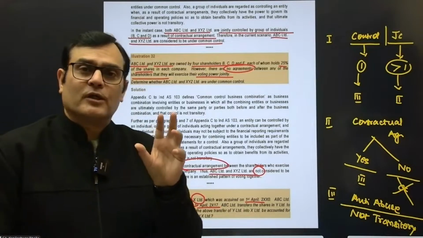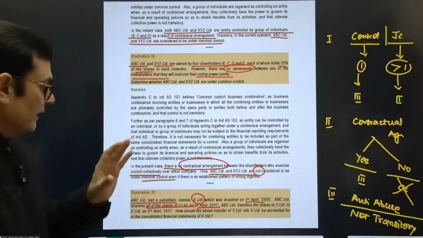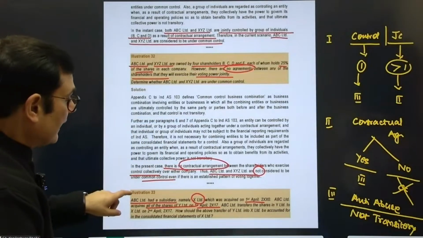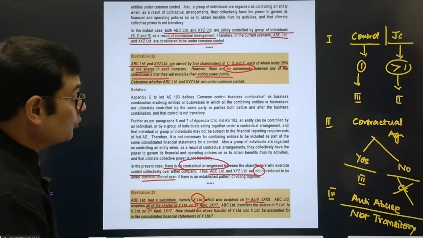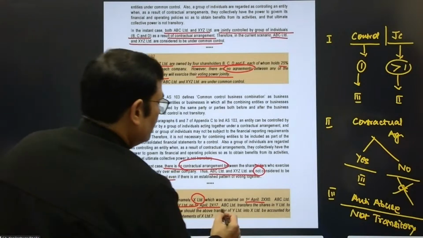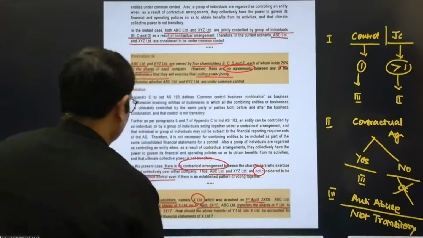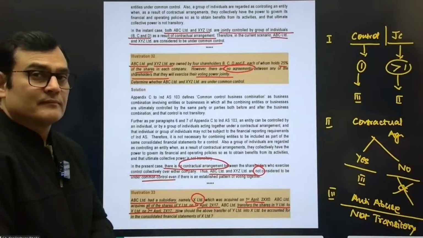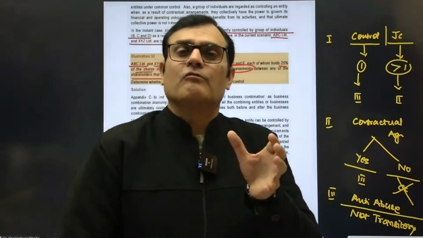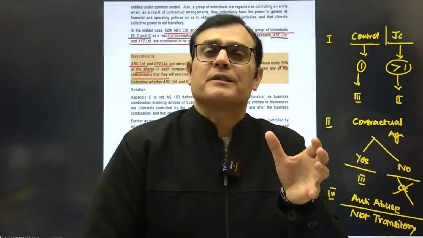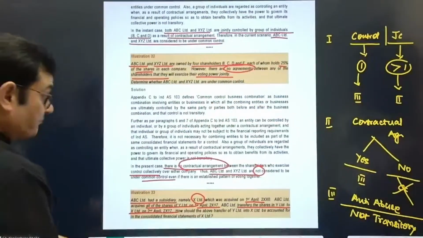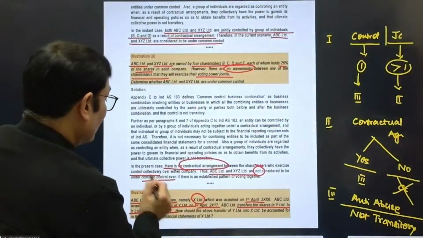So ABC has now got 2 subsidiaries, X and Y. ABC then transfers the shares in Y to X on 2nd April 2X17. See the interesting part: on 1st April he gets shares in Y, and on 2nd April he passes the shares to the subsidiary X.